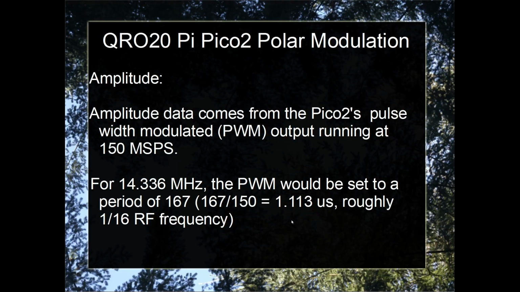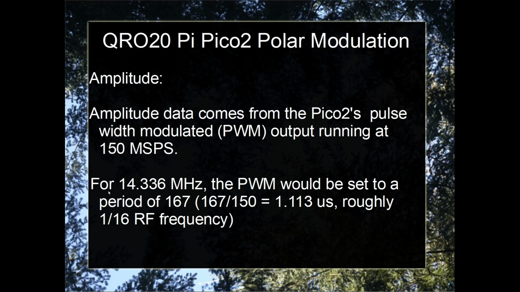For the amplitude side, the data comes from the Pico2's pulse width modulated output running at 150 megasamples per second.